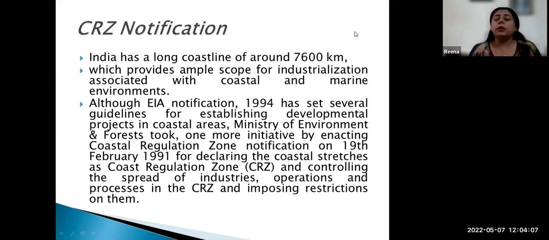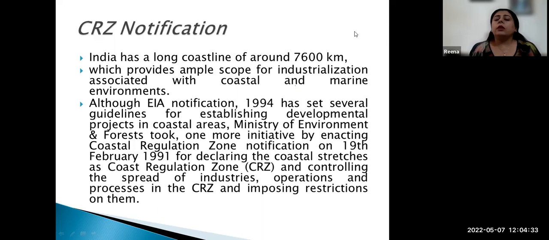So the coastal regulation zone notification is basically for the Indian coastline of around 7,600 kilometers, because this provides a very large scope for industrialization in terms of coastal and marine environments. For example, for sand mining also, you need clearance from the coastal regulation zone.